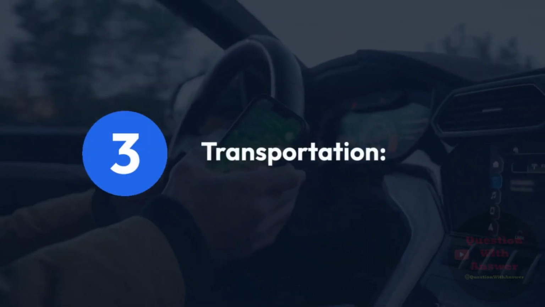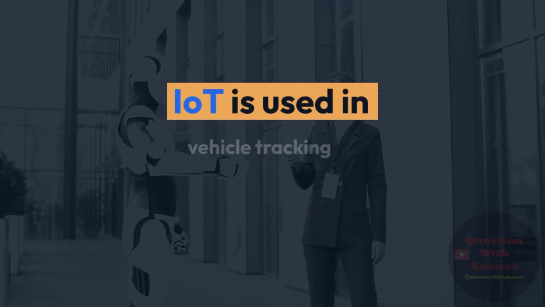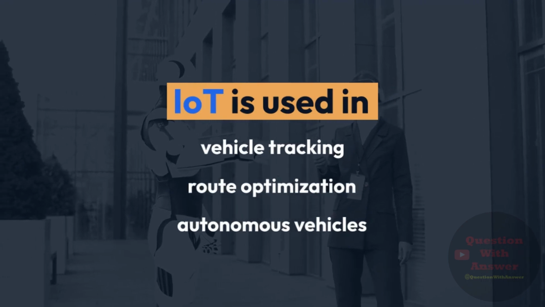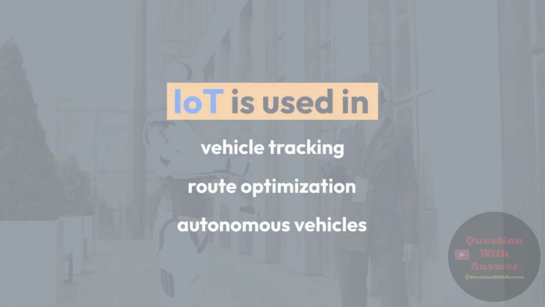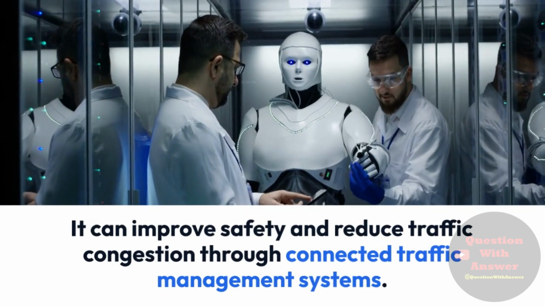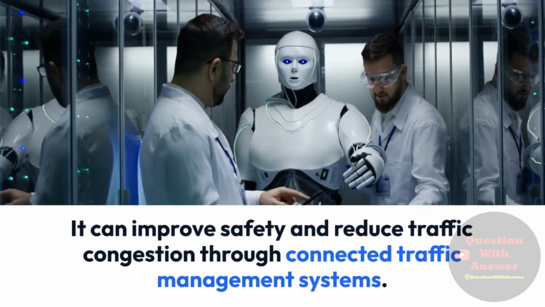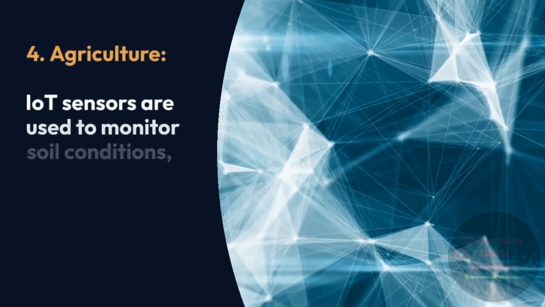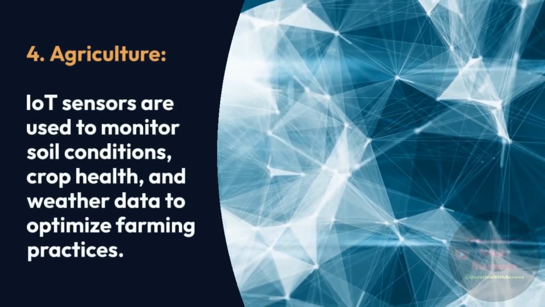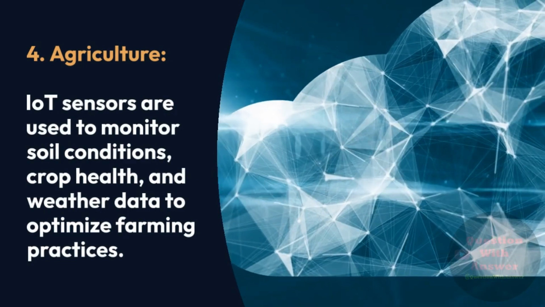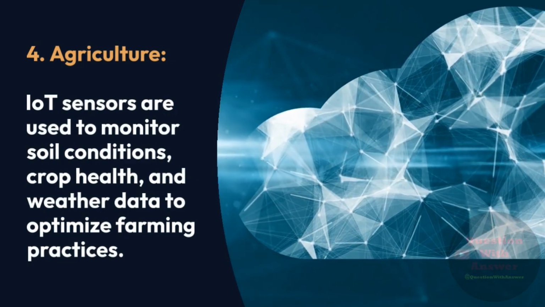3. Transportation. IoT is used in vehicle tracking, route optimization, and autonomous vehicles. It can improve safety and reduce traffic congestion through connected traffic management systems. 4. Agriculture. IoT sensors are used to monitor soil conditions, crop health, and weather data to optimize farming practices.